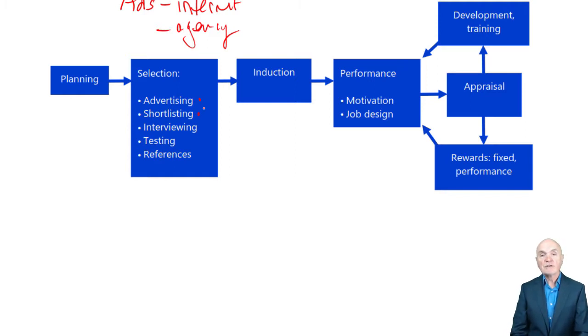Previous employers are usually nowadays reluctant to pass judgment on the people, but you should at least be able to get confirmation of, yes, this person was employed between 2017 and today's date. Yes, this was their job role. Yes, this was their salary. You should be able to get factual information through references.